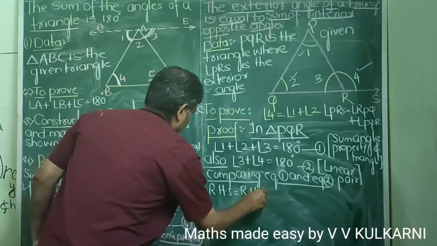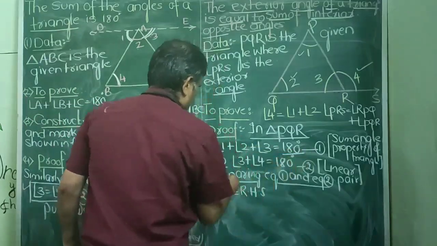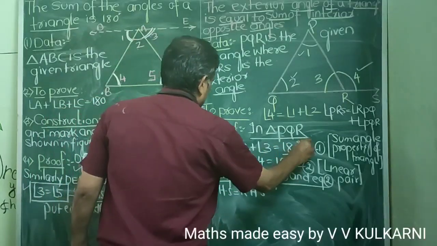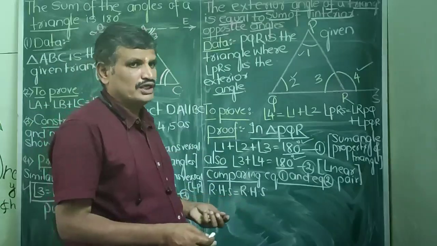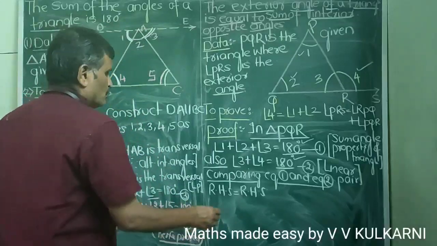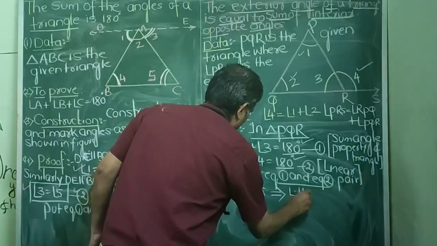You can check it out. The sum of 3 angles is 180. The sum of 2 angles is 180. So this is equal to this. And if the right hand side is equal to the right hand side, then definitely the left hand side has to be equal to the left hand side.